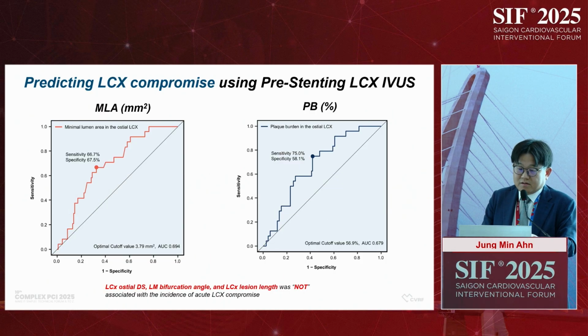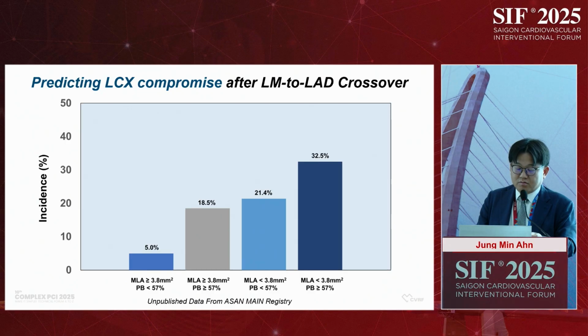What is the best predictor of circumflex ostial compromise? Minimal lumen area and plaque burden are the two predictors. Circumflex ostial diameter stenosis, angle, and circumflex lesion length were not associated with the incidence of acute circumflex compromise. The cutoff value for minimal lumen area was 3.8, and for plaque burden 57.